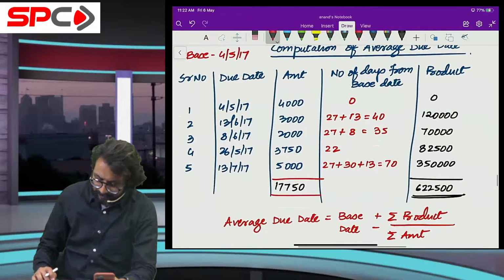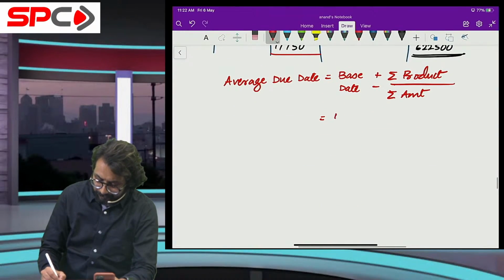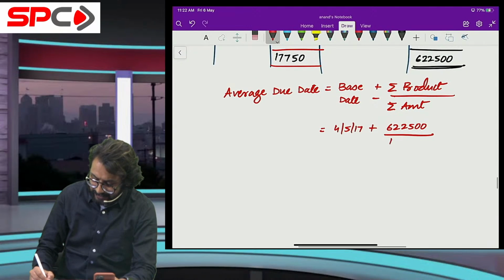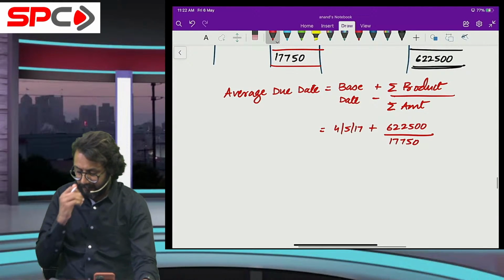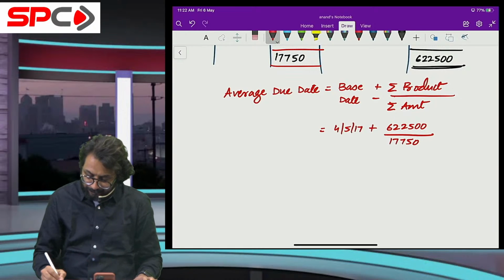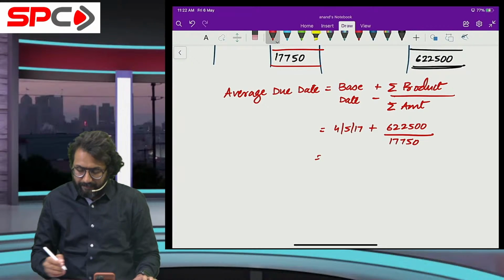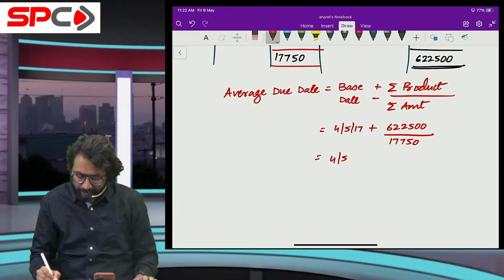What is the base date? 4th May, plus 6,22,500 divided by 17,750. So 6,22,500 divided by 17,750 is 35.07. Yes or no?